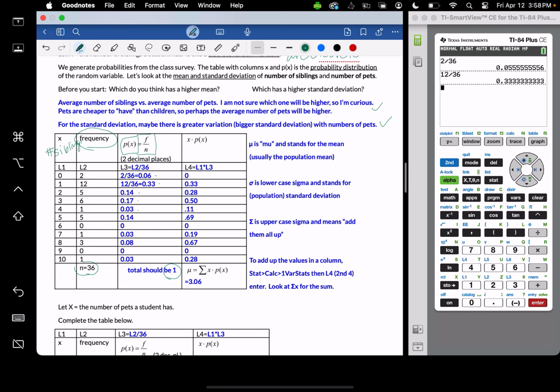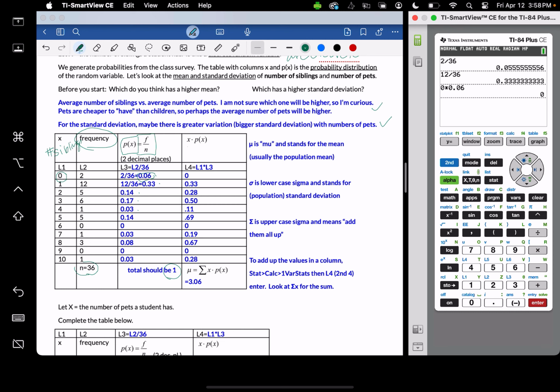Now there's another column. This column is x times p of x. So I'm going to take each column 1 entry and multiply it by my p of x entry. Obviously 0 times 0.06 gives me 0.